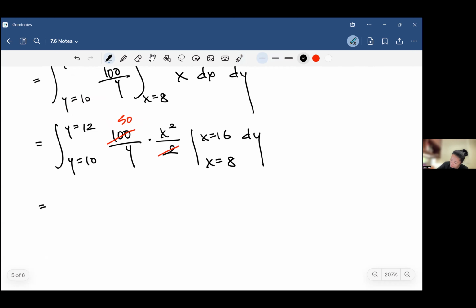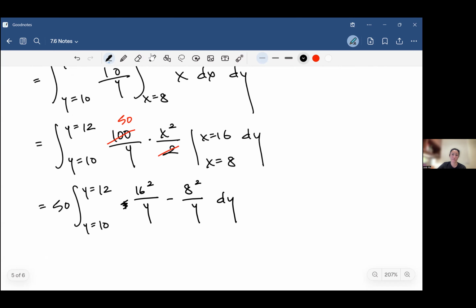So I'm going to have 50, the integral from y equals 10 to y equals 12. And then I'm going to plug in my 16. So I get 16 squared over y minus 8 squared over y dy.